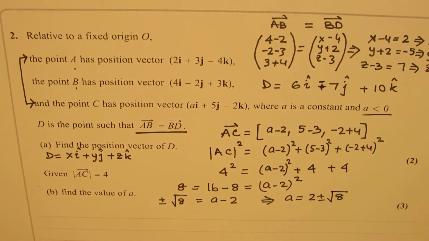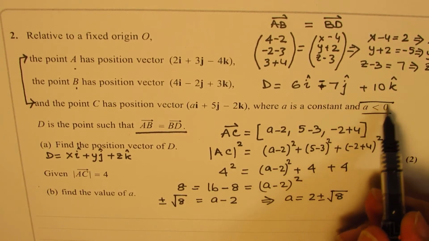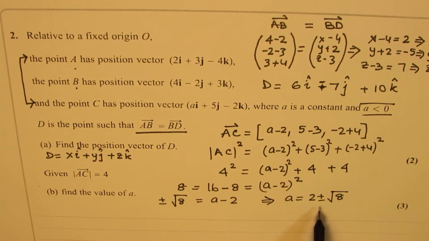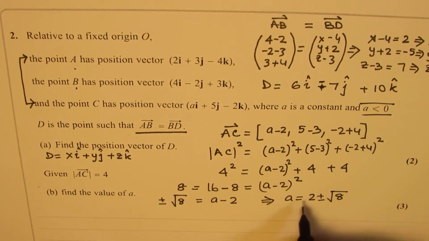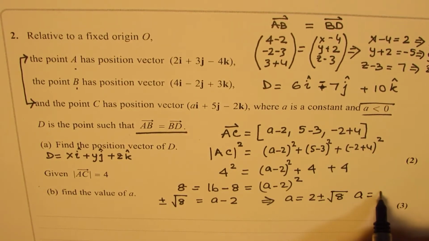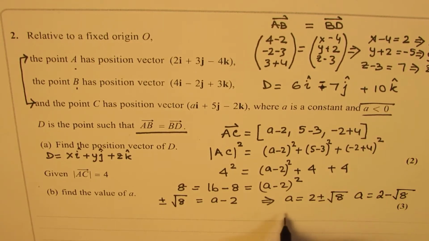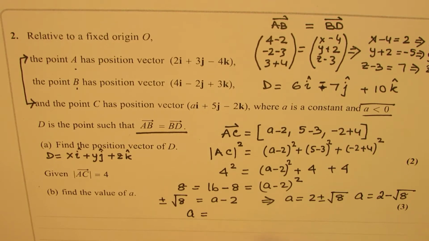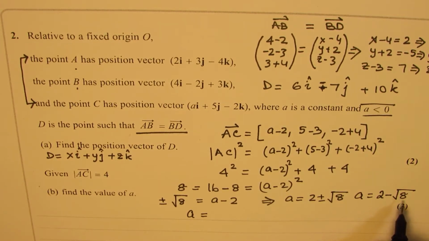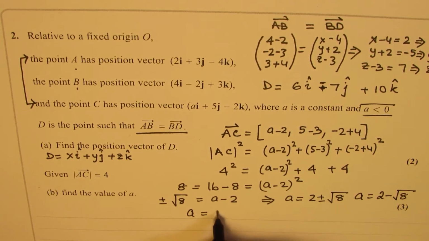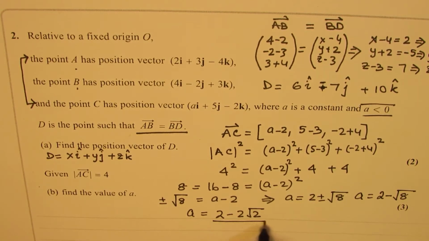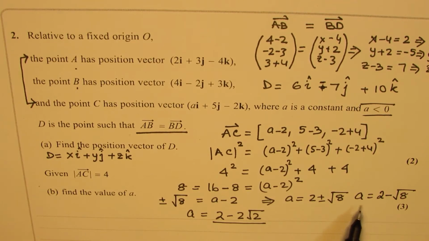Now, since we know that a is less than 0, we'll take the negative value. So a is equal to 2 minus square root of 8. Square root of 8 can be written as 2 square root 2, so 2 minus 2 square root 2. That becomes the exact value of a.